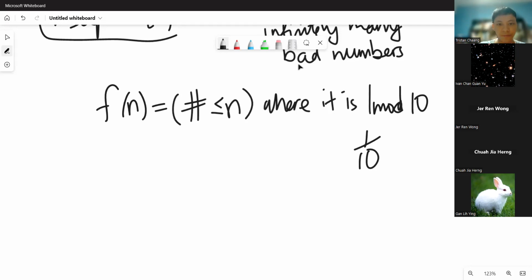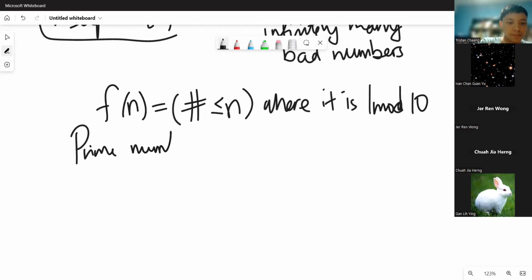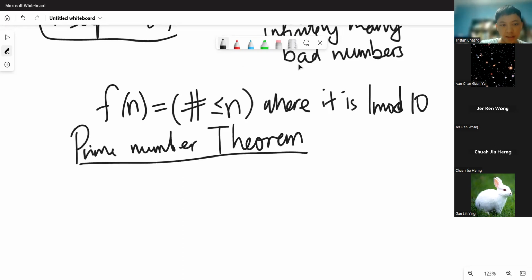Okay, so there's this theorem called the prime number theorem that says that pi n, the number of primes less than or equal to n, has approximately the same growth order as n over ln n.